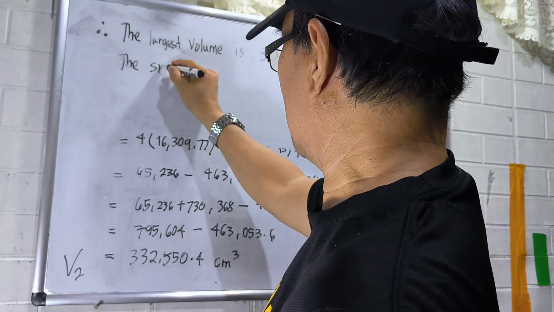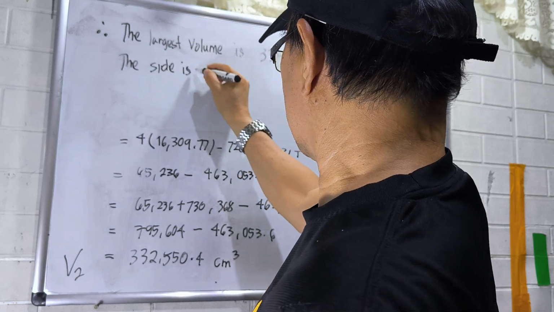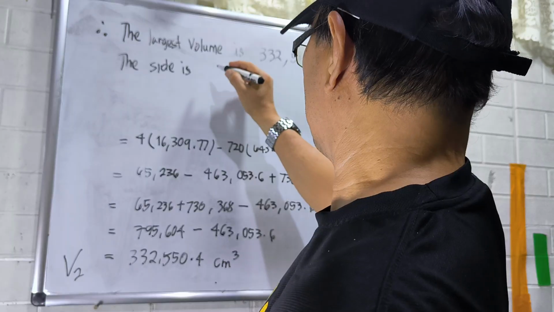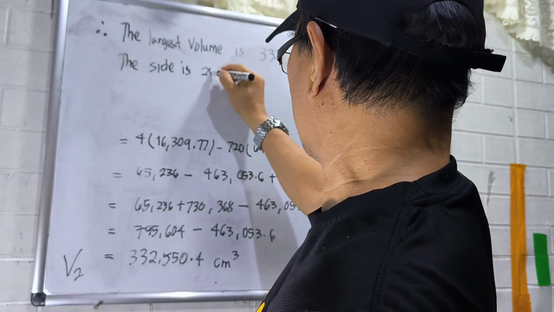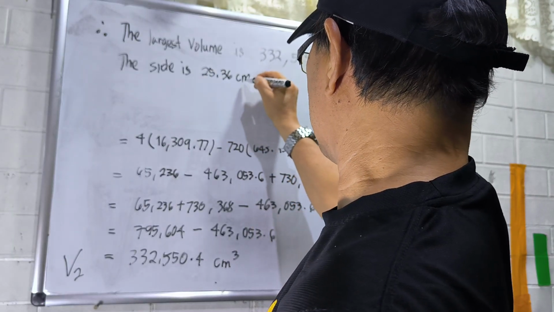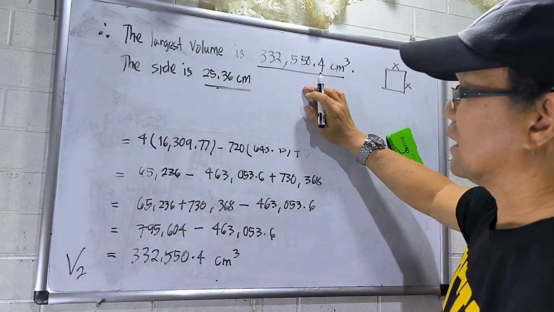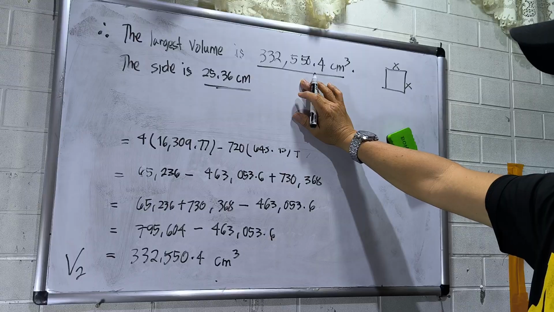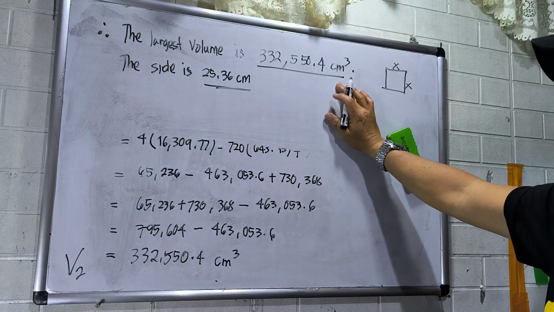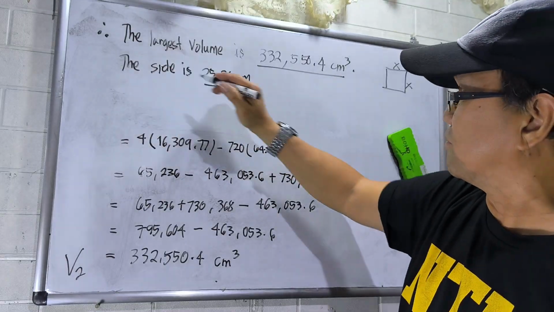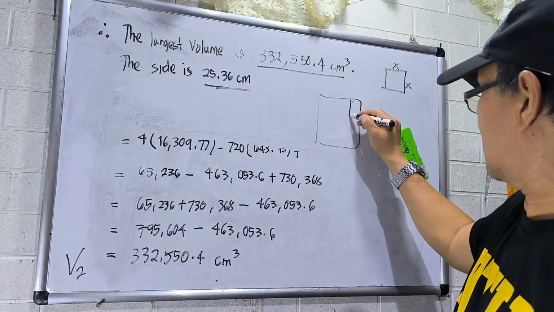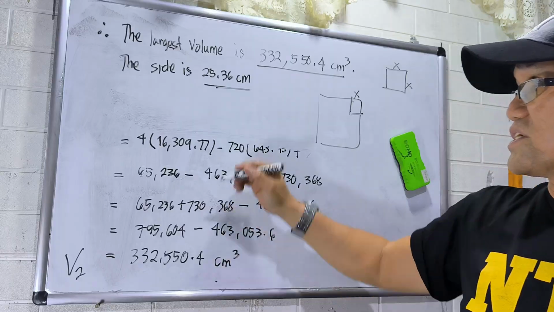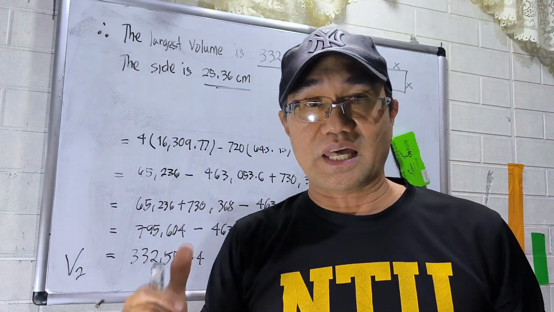So the side is 25.36 centimeters. So I have here the largest volume of the box, 332,550.4 cubic centimeters, and the side of this cut, x, is equal to 25.36 centimeters. That's all. Thanks for watching.